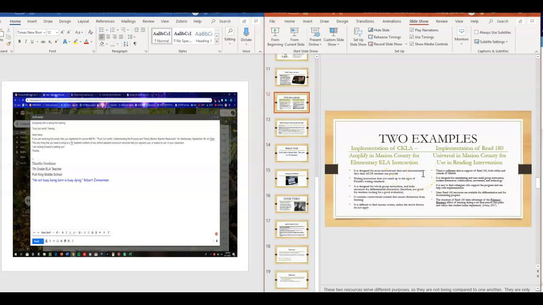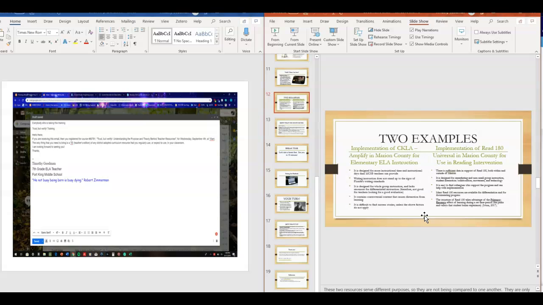Teachers in Marion County would understand the two examples that I've given here. On the left, a common complaint about the use and adoption of CKLA Amplify. Great tool, and it just seems like after objectively looking at it using the questions above, it's not designed to meet the needs of our students or of the structure of how our classrooms operate, the time frames that we have, and frankly, even the way kids learn.